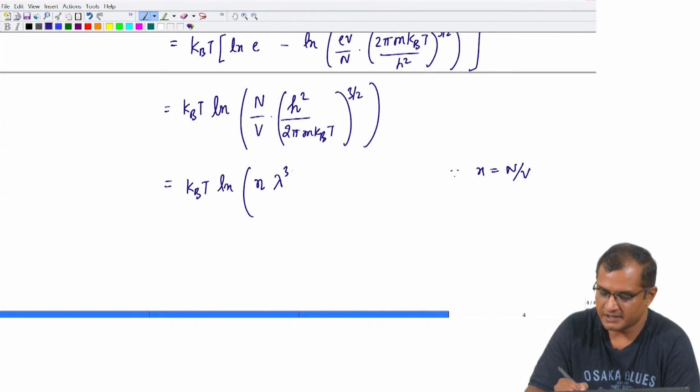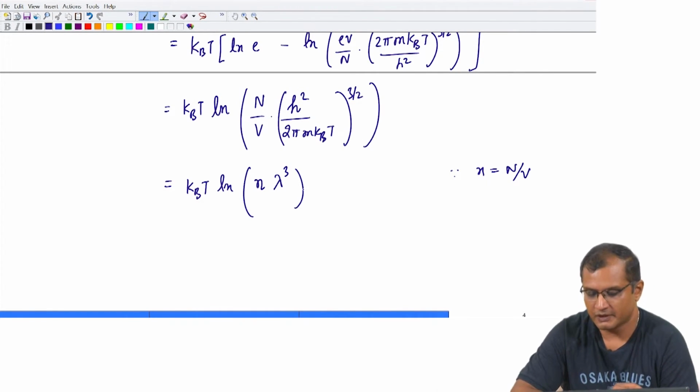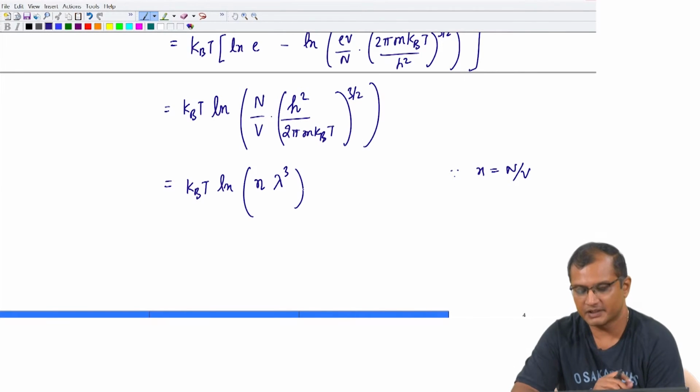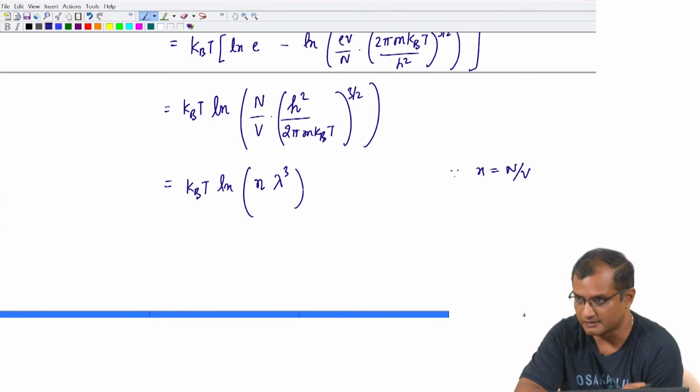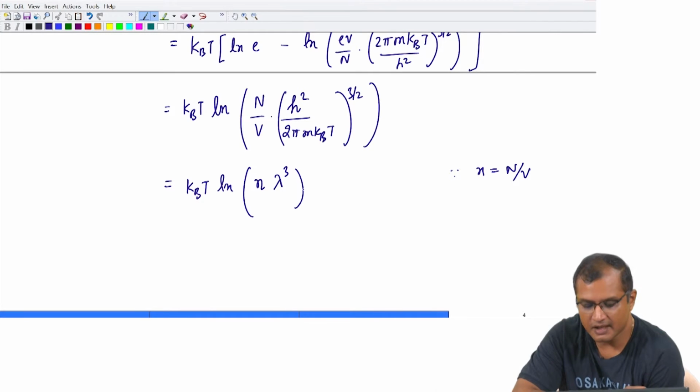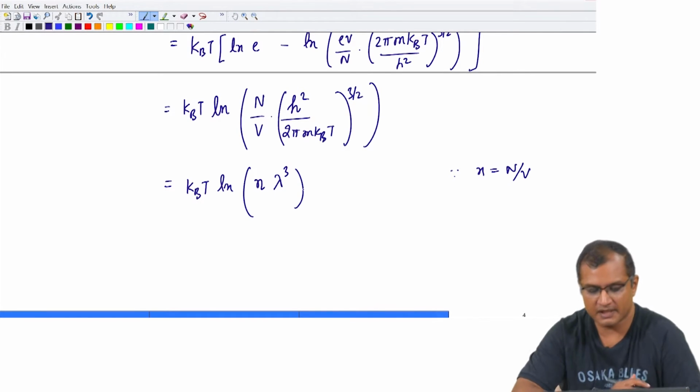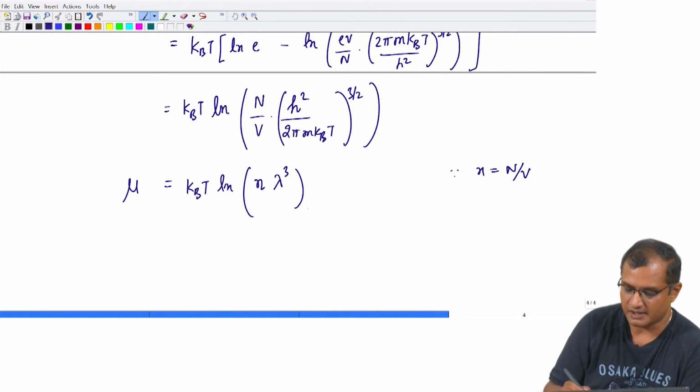This entire thing is raised to the power 3. So now you can see in some sense the role of chemical potential here. There are two length scales coming, one is the de Broglie length scale and the other is the density length scale, and it is whose logarithm decides the chemical potential in our case.